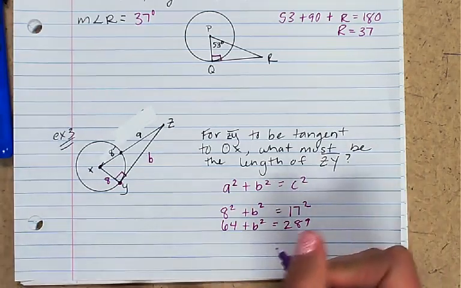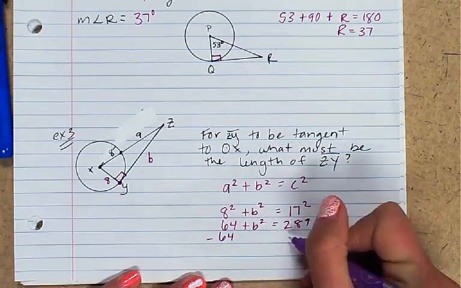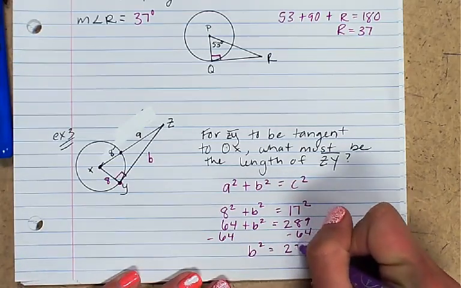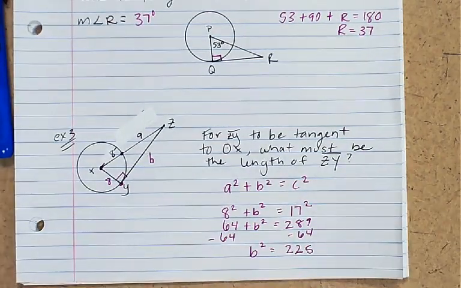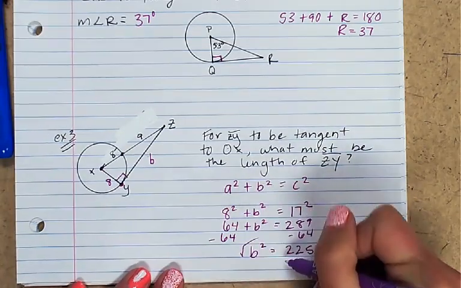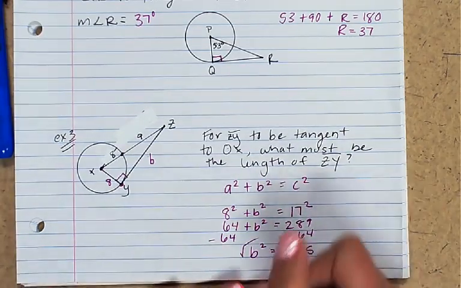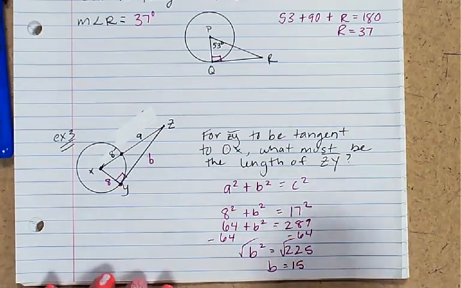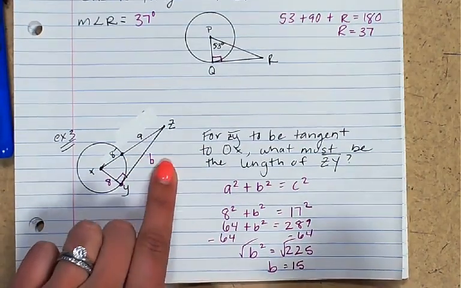So if I square those and then subtract 64 from both sides, and then we're going to go ahead and square root, 15. So for this to be a right triangle, this has to be 15.